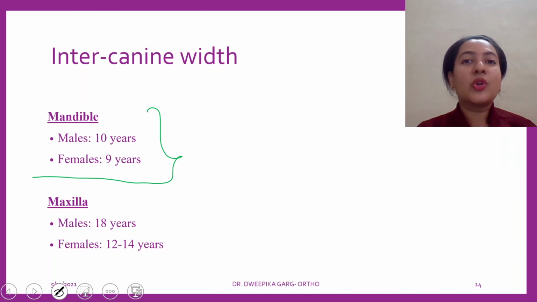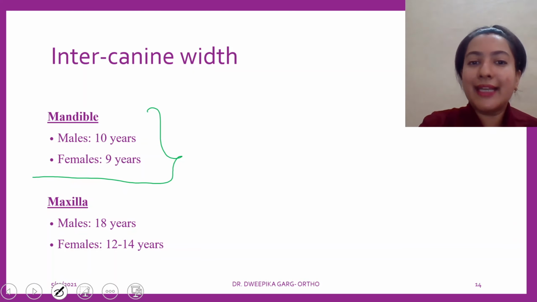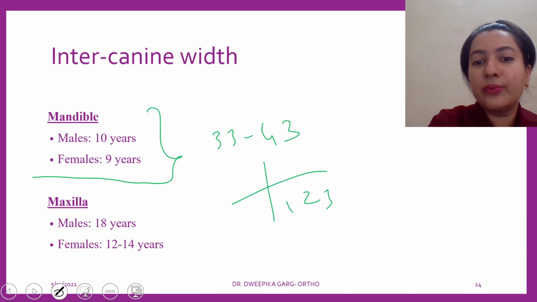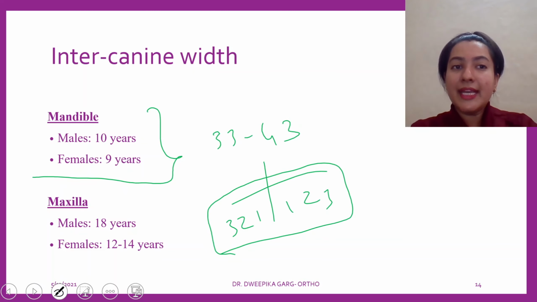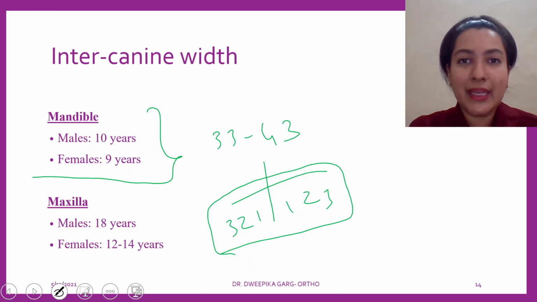First we are talking about the mandible. The intercanine width of the mandible, that is 3 to 3, is established by 9 years in females and 10 years in males.